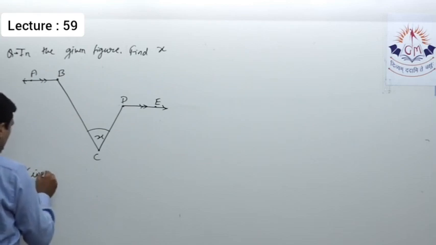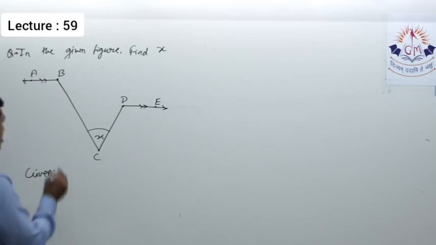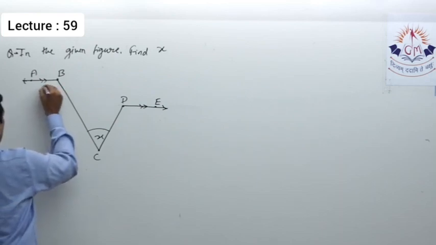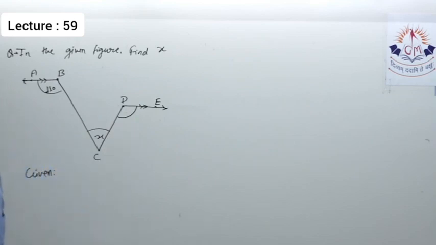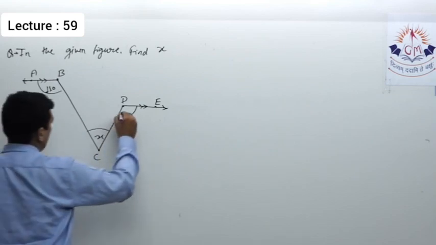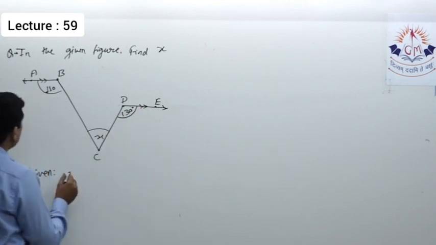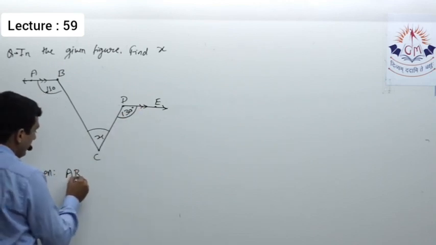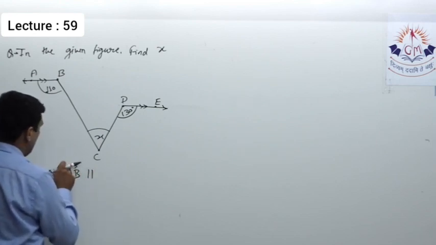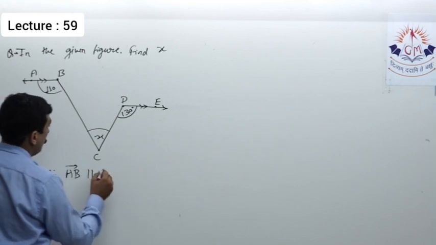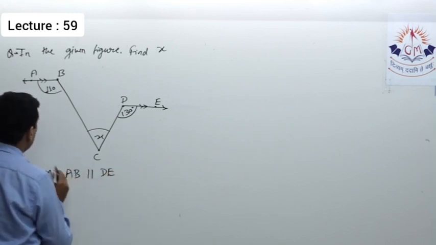So what is given to us? One more thing is given: this angle is 110 degrees, as well as the measure of this angle is given, that is 130 degrees. So you have to find this x. Given AB parallel DE.